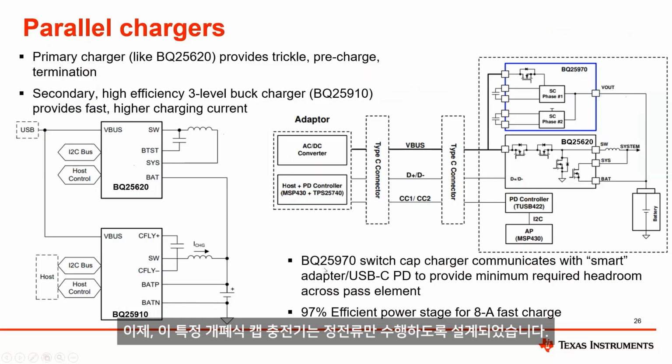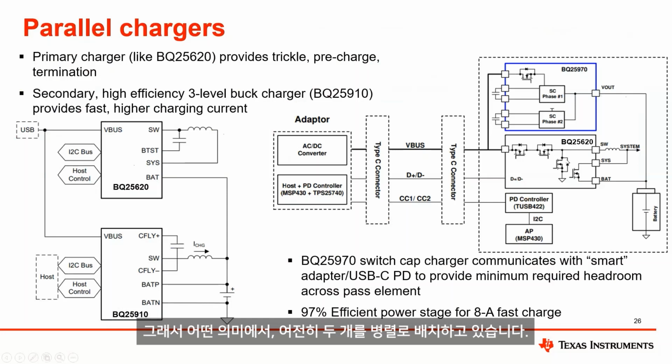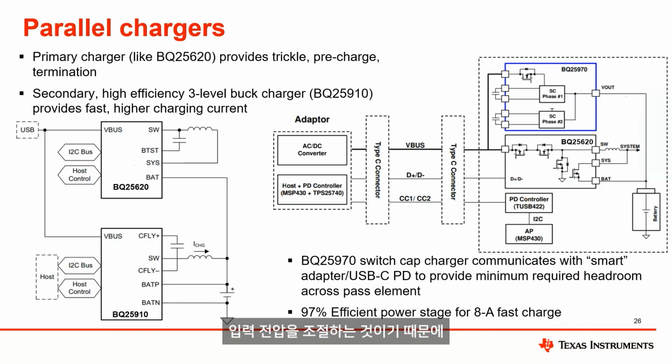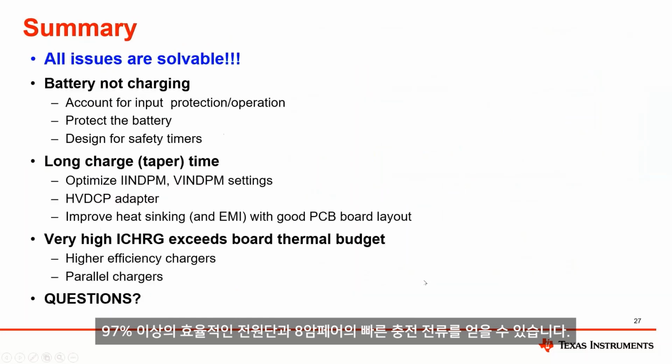These particular switch cap chargers are only designed to do the constant current. They typically don't do the termination, so you would still need a device like the 25620 to do the trickle, pre-charge, and termination. So in a sense, you are still putting two in parallel, but because these chargers are just a linear charger across a pass FET and you're modulating the input voltage, you can end up with a 97% or higher efficient power stage and get 8 amps of fast charge current.